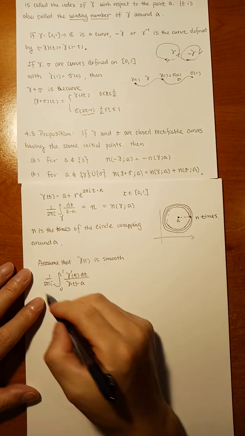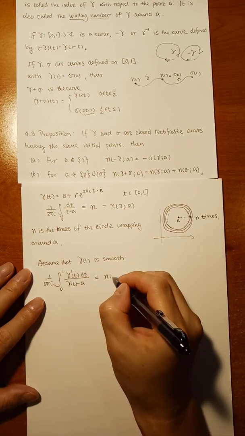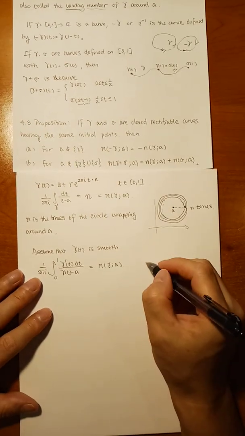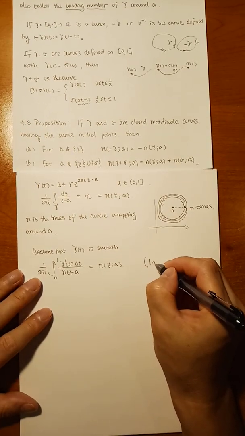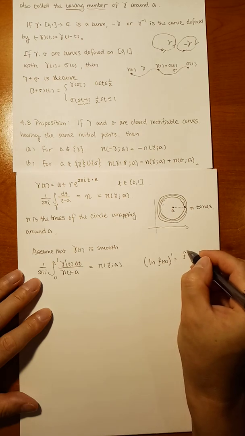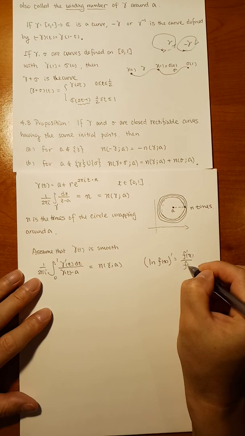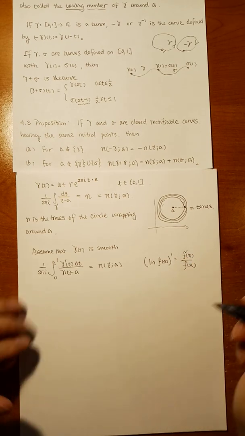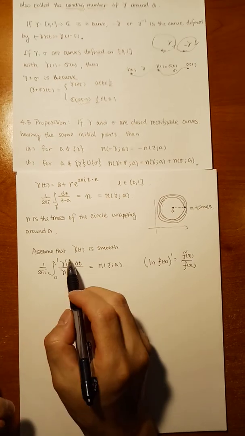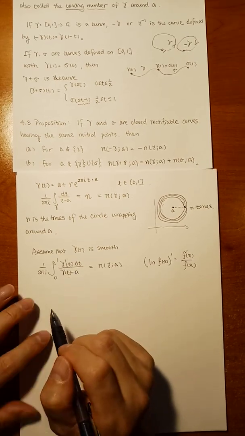The winding number becomes this integral. This is still the winding number of gamma with respect to a. And we recall that the natural log of f of x has derivative f prime of x over f. So this is actually f prime over f.